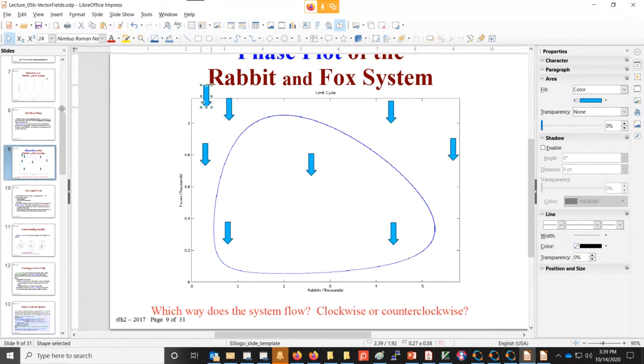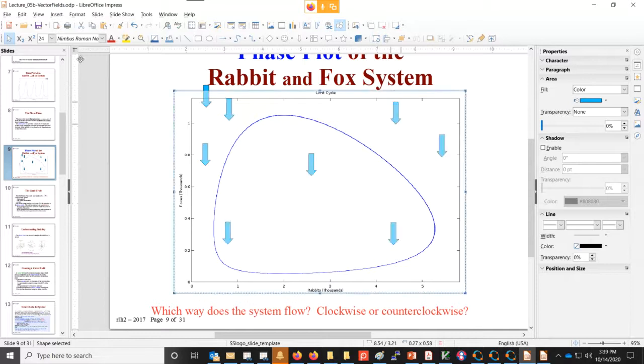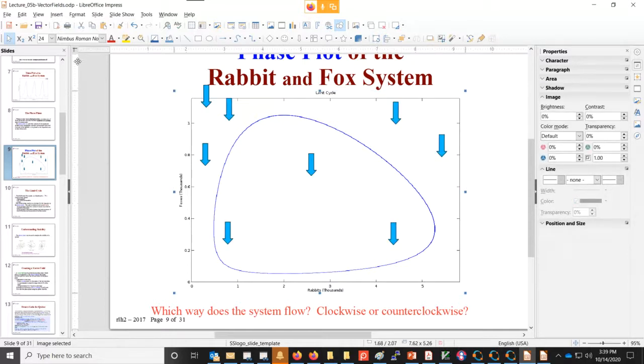Now the true system, the population of the rabbits and the foxes, only exists where the blue line is. But for all these other points along here, if your population started here, where is it going to move to?